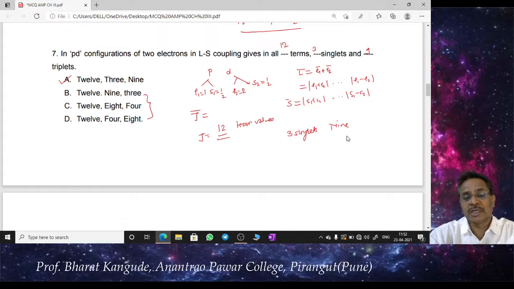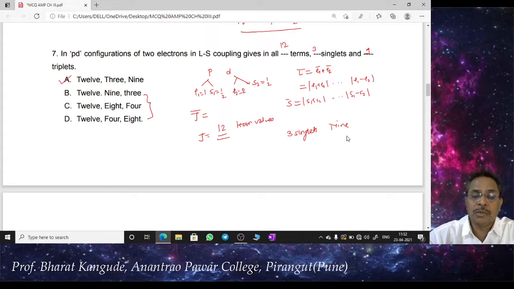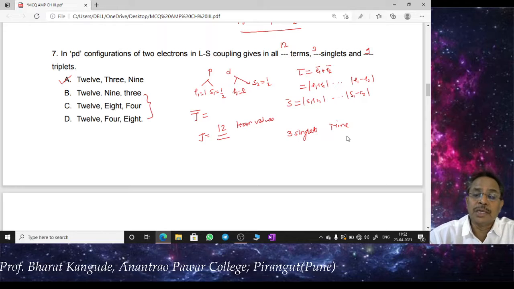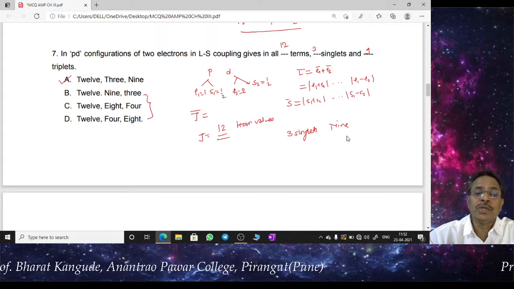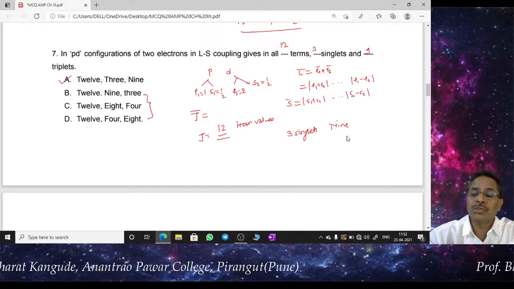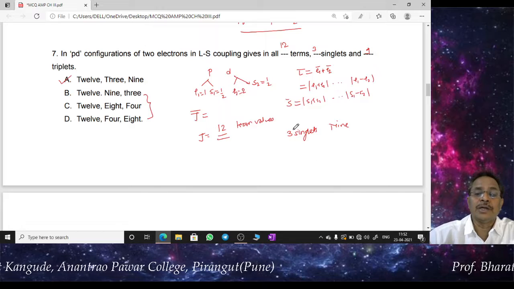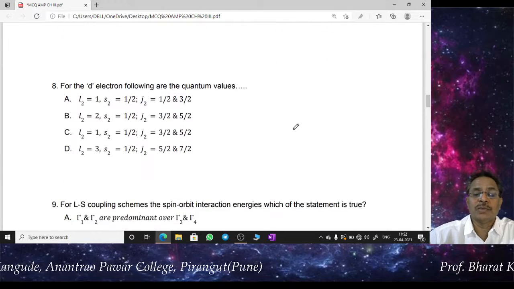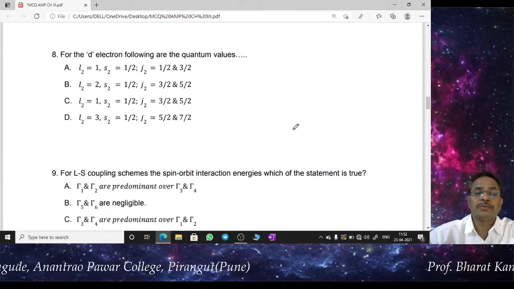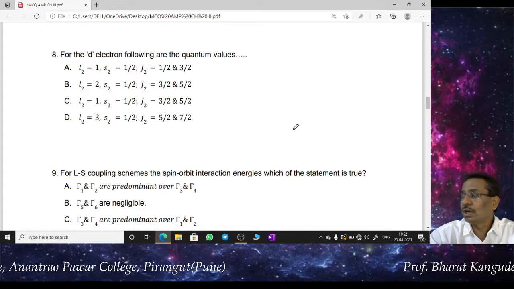So this vector addition tells you about the different quantum angular momentum vectors of this P electron and D electron. That gives you a total of 12 spectral terms. Out of that, 3 are singlets and 9 are triplets. That can be understood from a simple example. Now for the D electron, following are the quantum values.